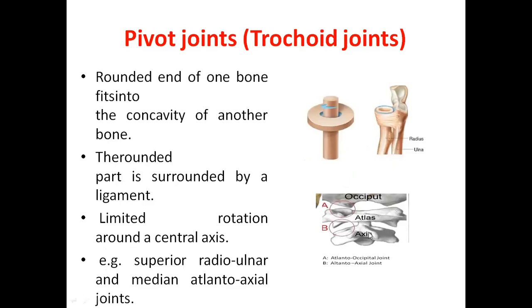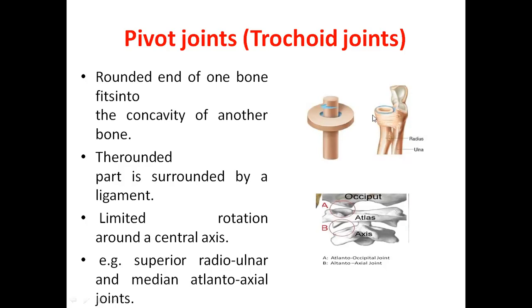Here, the rounded end of one bone fits into the concavity of another bone. This joint is present between the upper ends of the ulna and the radius. It's a concave part of the ulna, and the round end of another bone, the radius, fits into the concavity of the ulna.